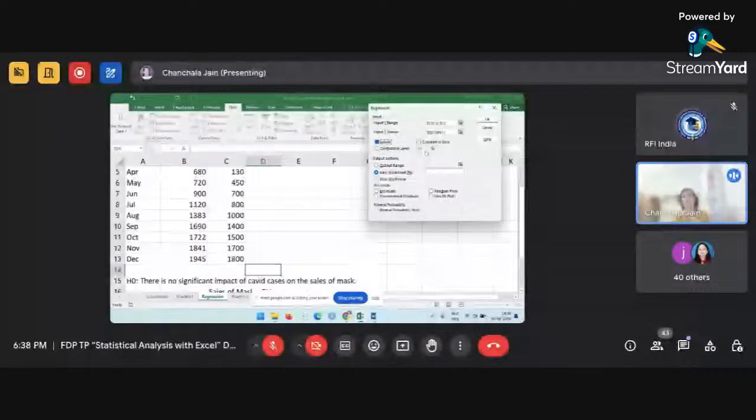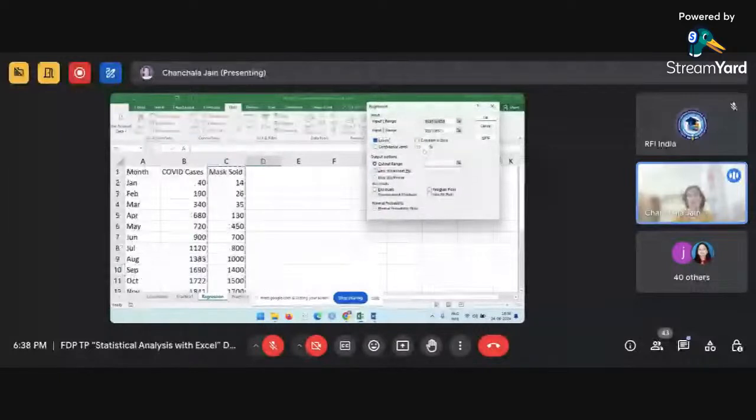Now output range, I want to generate my output here in the same sheet. So I'm giving the range of the blank cell, and then coming down, it is asking you to calculate the residuals. Residuals, I think I'll discuss just after the results, what is residuals. So for residuals, if you want to get something, you can select from here.